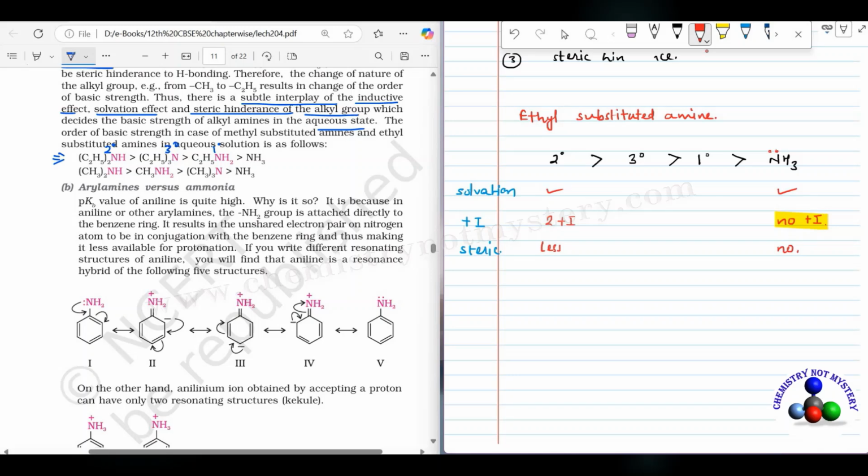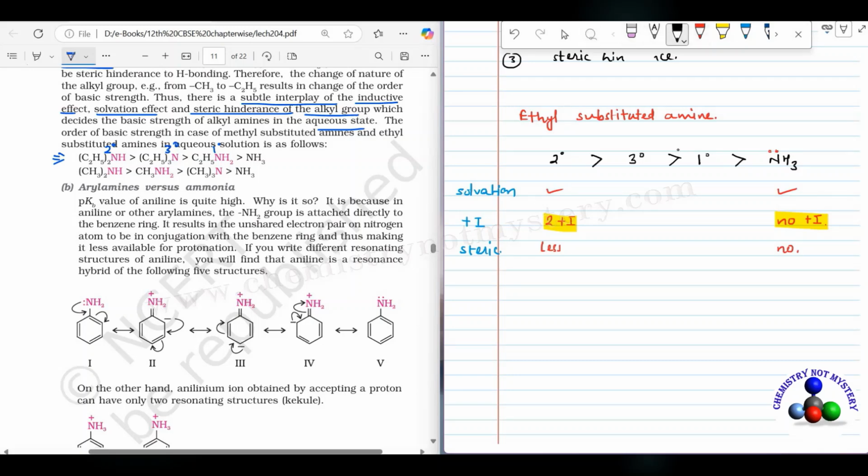That's why ammonia is least basic among them. While in the case of secondary amine, there are two plus I effects which increase the electron density over nitrogen, and the secondary amine is also moderately stabilized by solvation, and it is less sterically hindered as compared to tertiary amine. That's why you can say secondary ethyl substituted amine is the most basic among them, and ammonia is least basic among them.